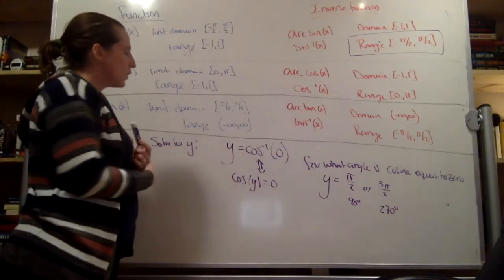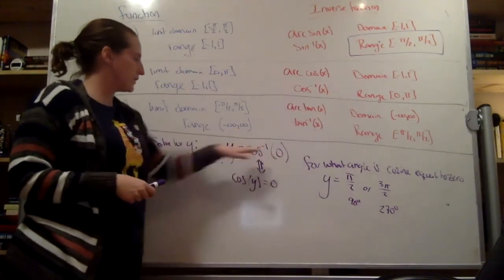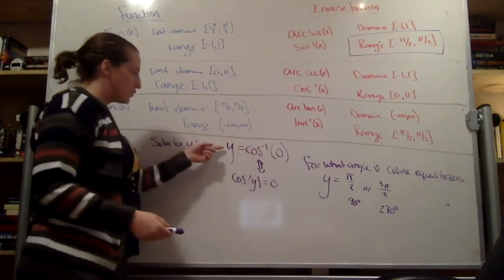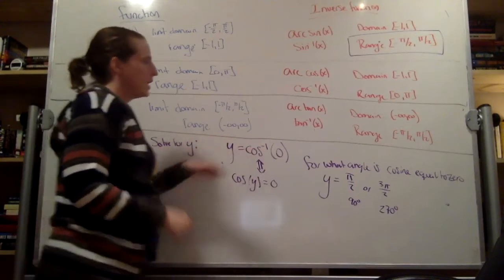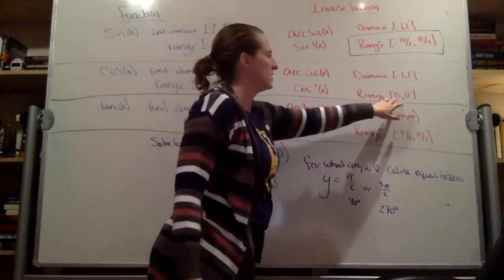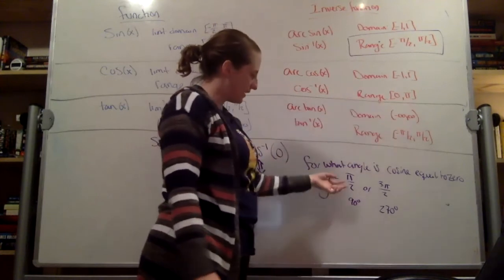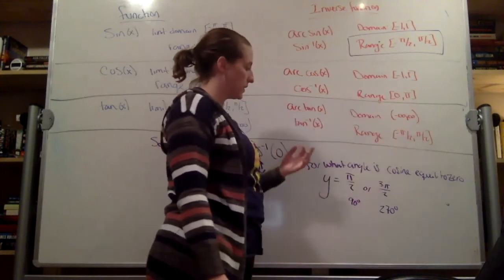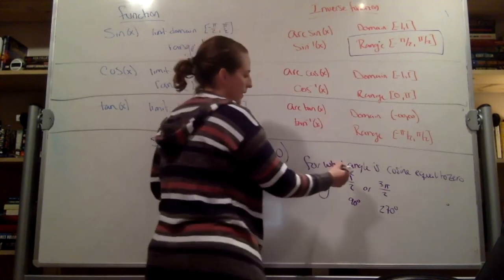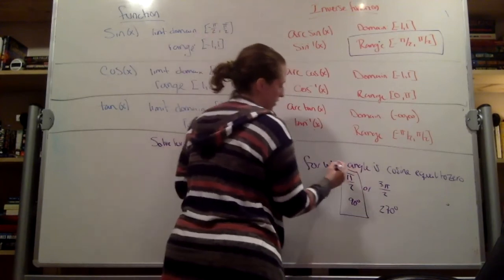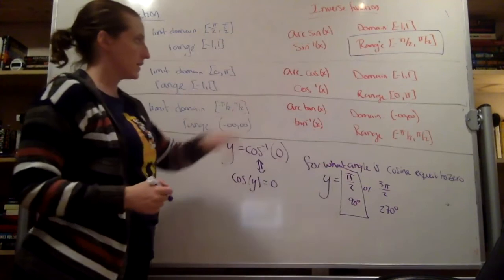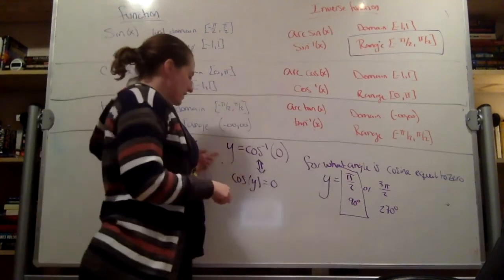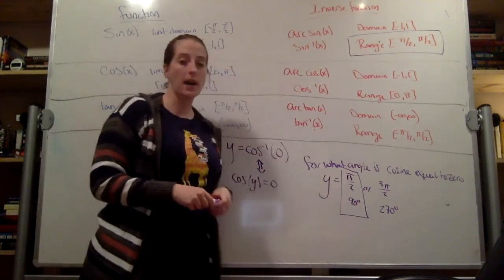Cosine inverse of 0 equals y, where y is in the range of arc cosine, which is 0 to pi. Which value, pi over 2 or 3 pi over 2, is between 0 and pi? Only pi over 2, or 90 degrees. So our only answer is pi over 2.